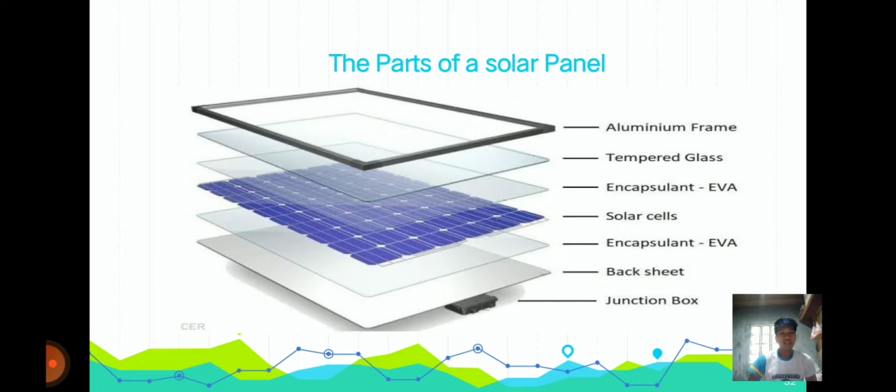And then the EVA film, or ethylene vinyl acetate, is a specially designed, highly transparent polymer layer used to encapsulate the cells and hold them in position during manufacture.